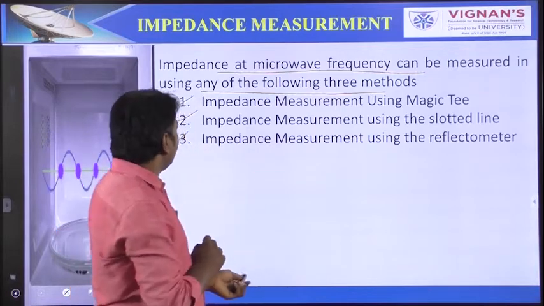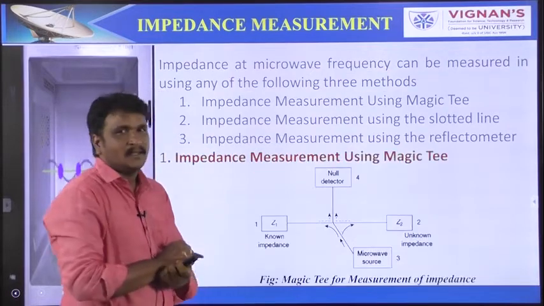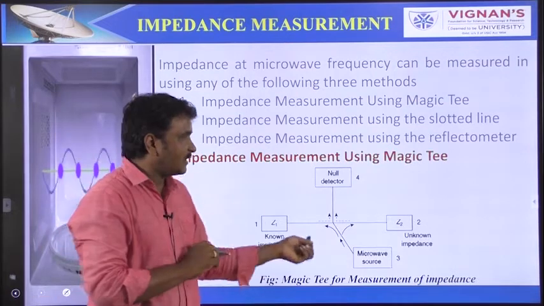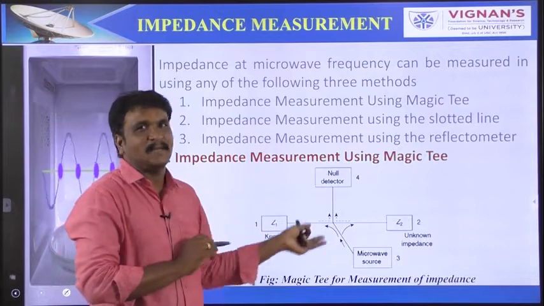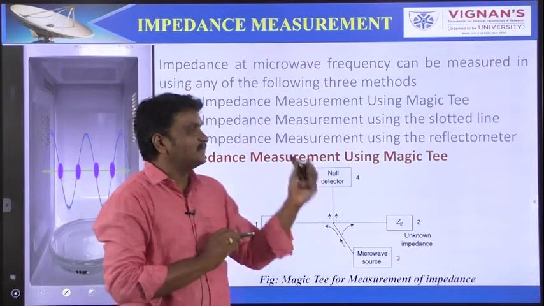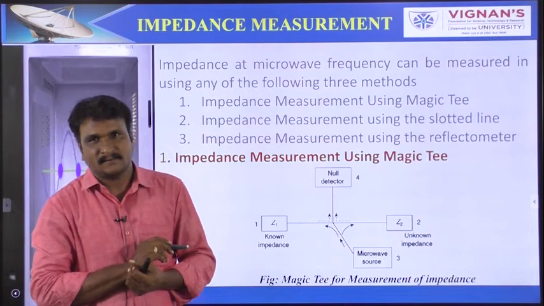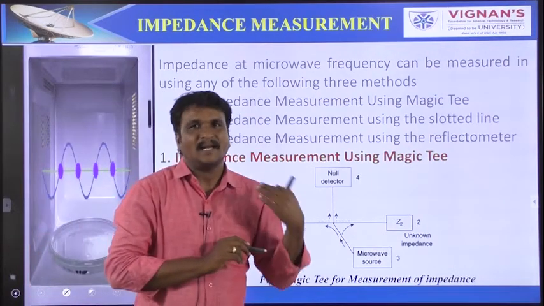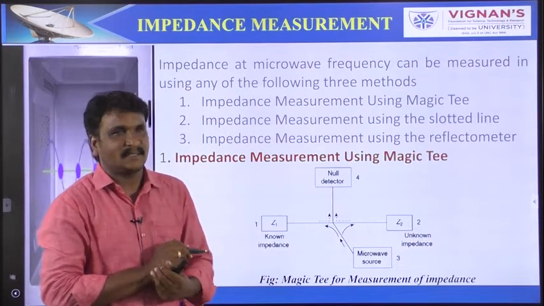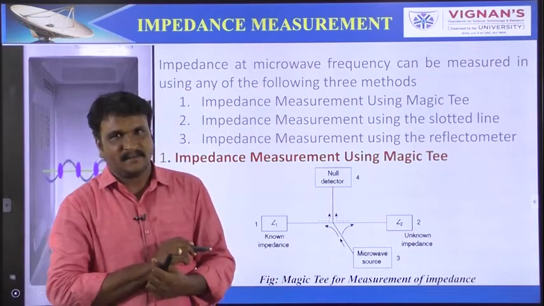The first one is impedance measurement using magic T. This was already discussed in the first unit. One of the magic T applications is impedance measurement. How can we measure unknown impedance by using magic T? Here we will see.